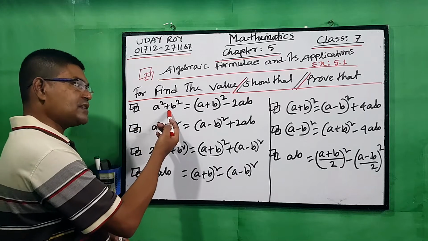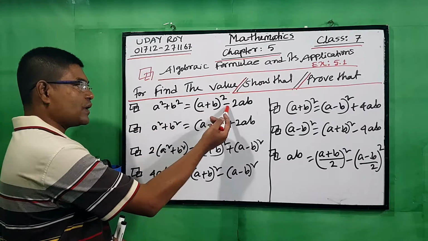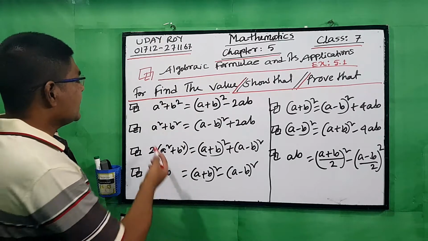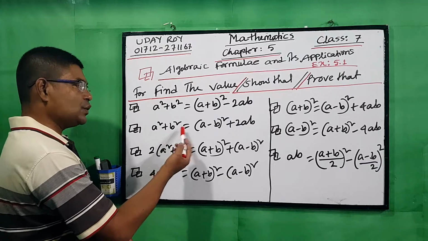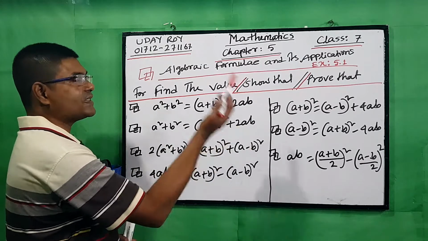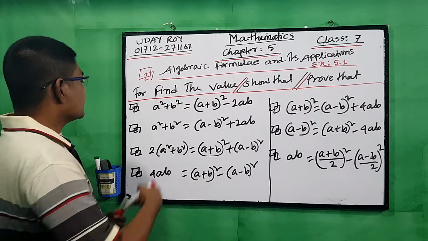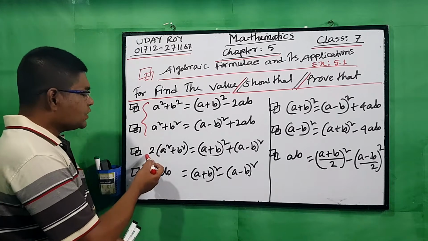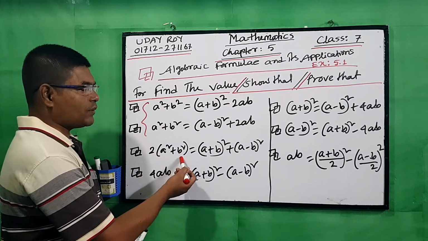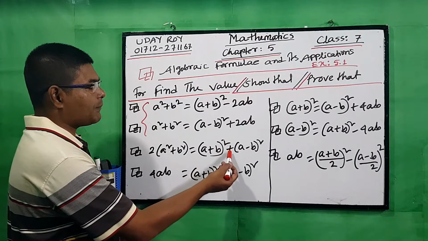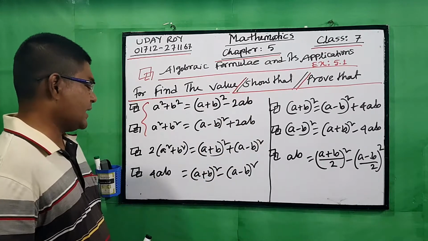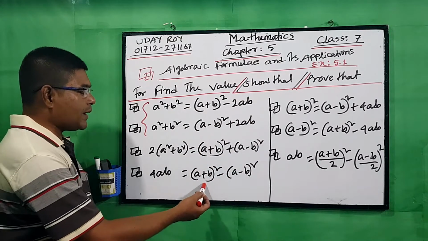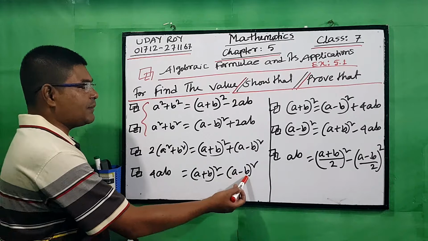A square plus b square equals a plus b whole square minus twice ab. A square plus b square equals a minus b whole square plus twice ab. So this is one formation. And another is 2 into a square plus b square equals a plus b whole square plus a minus b whole square. And 4ab equals a plus b whole square minus a minus b whole square.